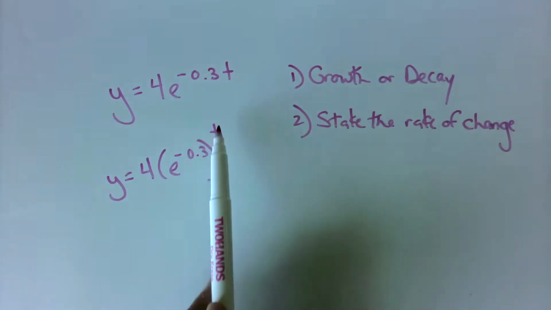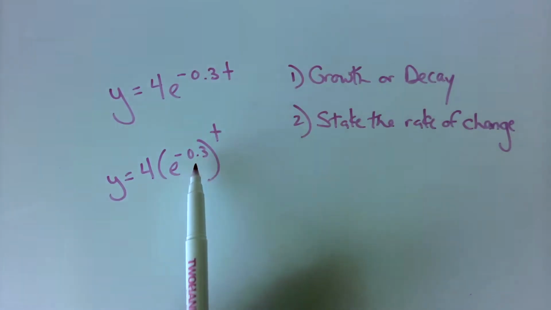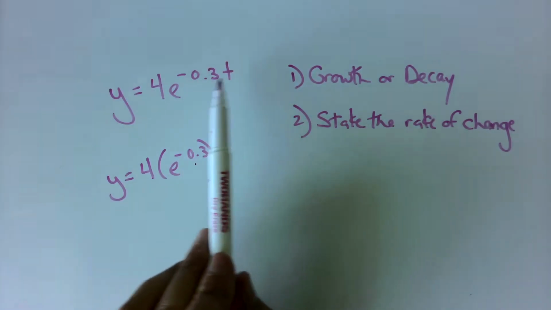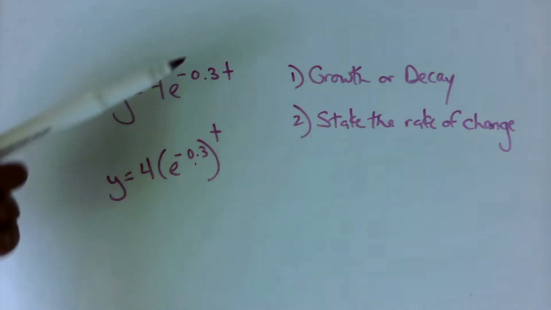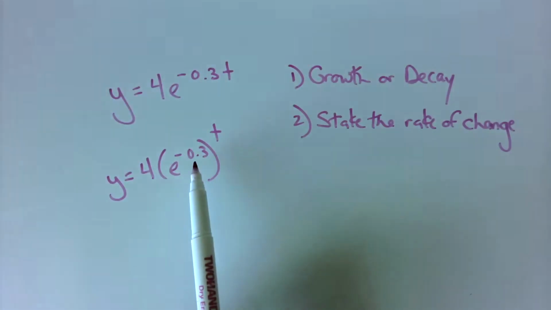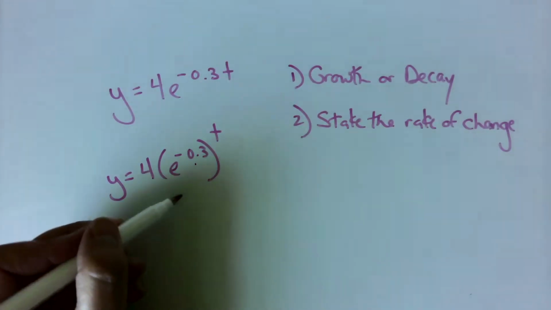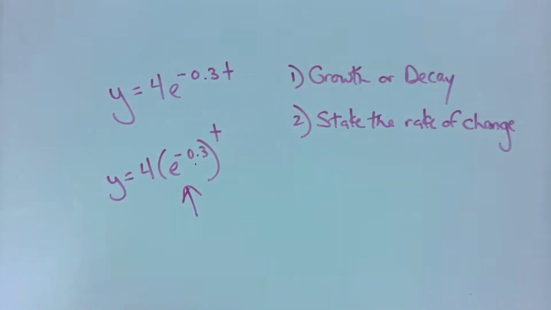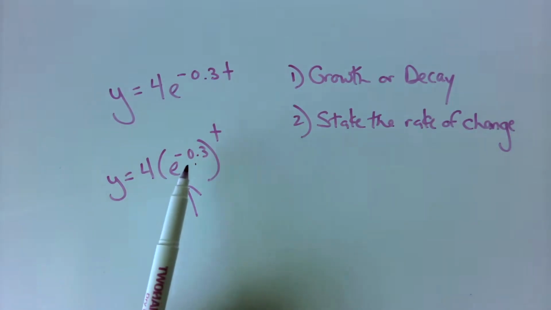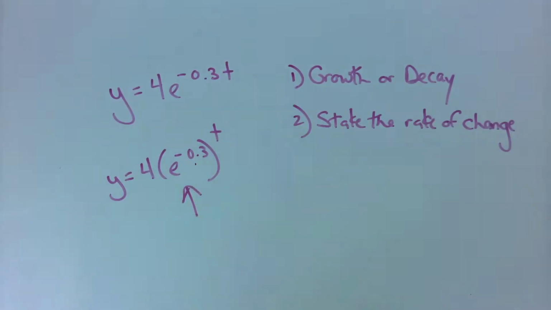I know that when I am raising a power to a power, I multiply those powers, so I can go ahead and put that back into the form where I am raising it to a power. And the reason I want to do that is because when what's inside the parentheses is fractional, I'm dealing with decay. And when what's inside these parentheses is a number that is 1 or greater, I'm dealing with growth.